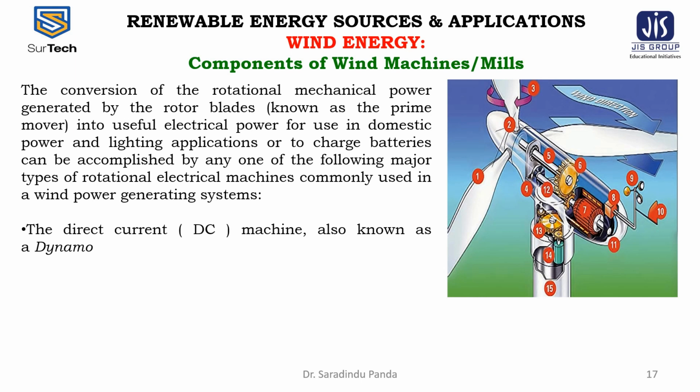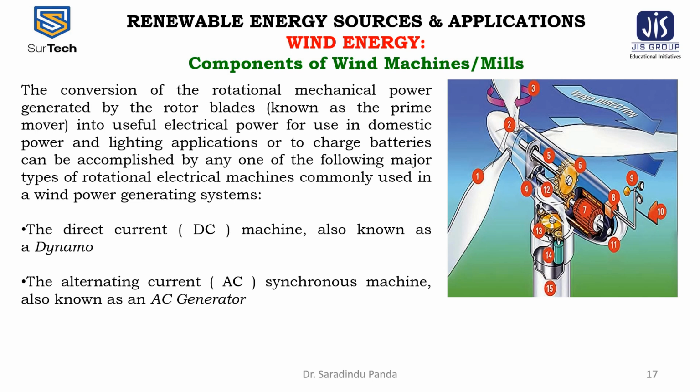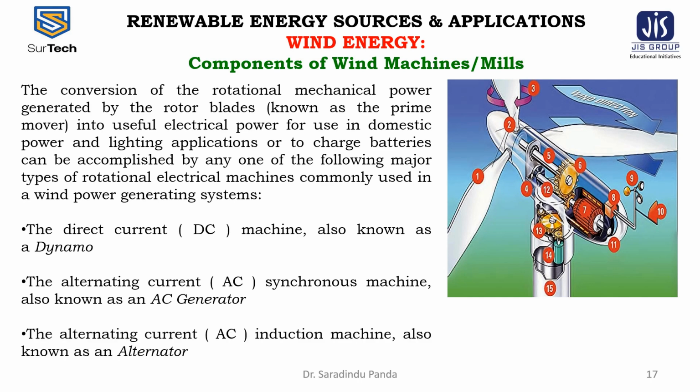There are three types of generators used in wind turbines: the direct current machine, also known as the dynamo; the alternating current synchronous machine, called the AC generator; and the alternating current induction machine, which is also known as the alternator.